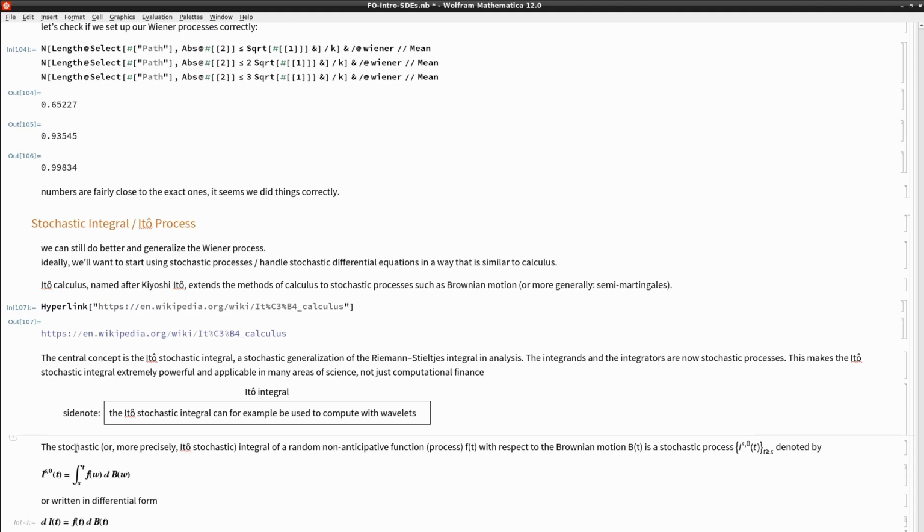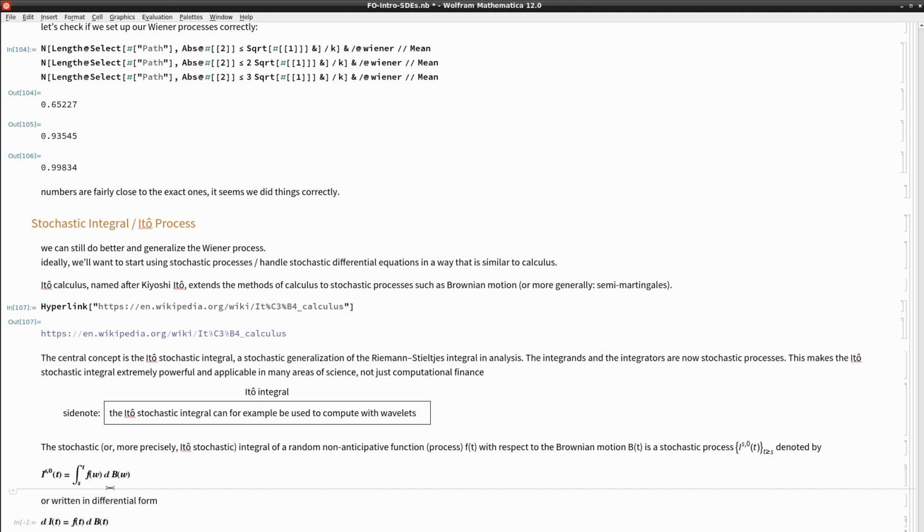And the Ito stochastic integral of a random non-anticipative function is an advancement from our Brownian motion, and it is a stochastic process that we can write down as an integral. And note that we have a deterministic function f of w here. It's important to note f of w is deterministic. It has d of b of w as the differential.